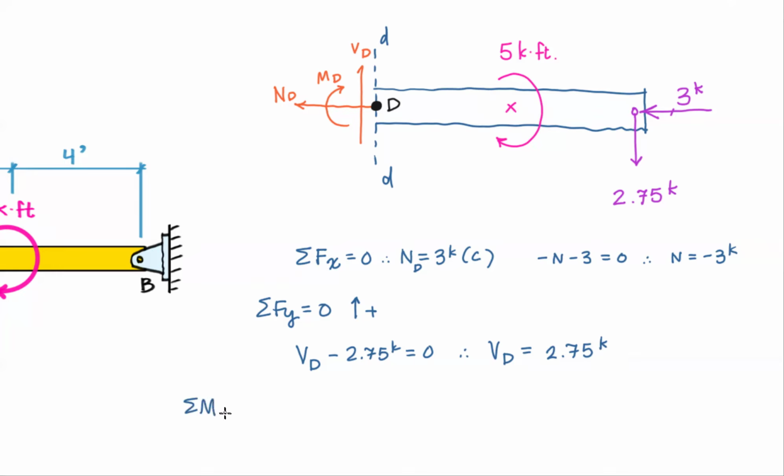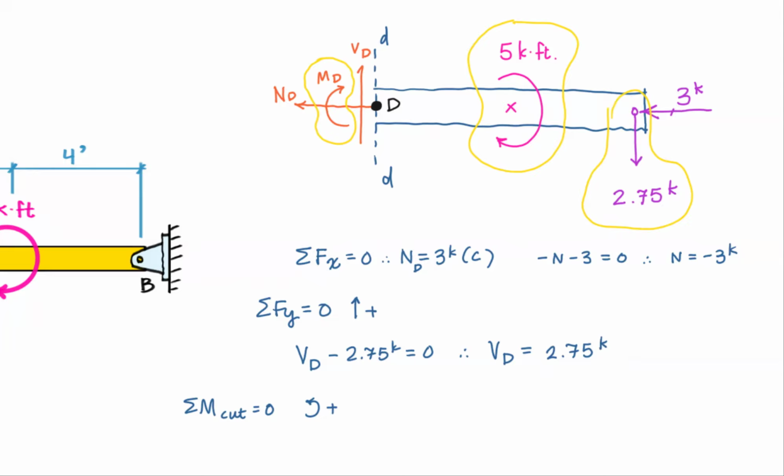Lastly, summation of moments about the cut plane is equal to 0, counterclockwise positive. And how many terms? 1, 2, and 3. The other ones are coincident. So we just have 3 terms in my moment summation.